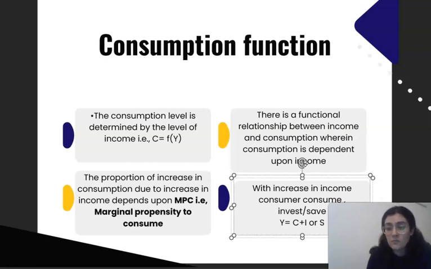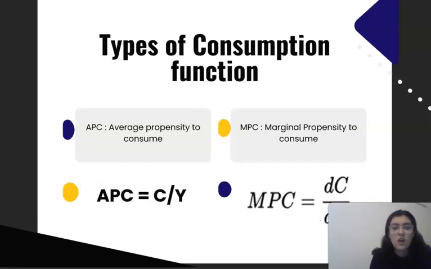So income, that is Y, is the sum total of consumption expenditure plus investment or savings. A consumer can either invest or save. From the saving point of view, Y is equal to C plus S. From the investment point of view, total income Y is consumption expenditure plus investment expenditure. So this is what consumption function is.